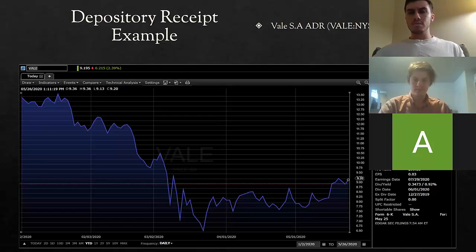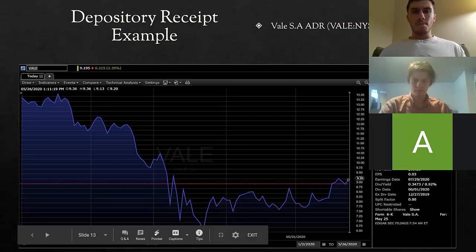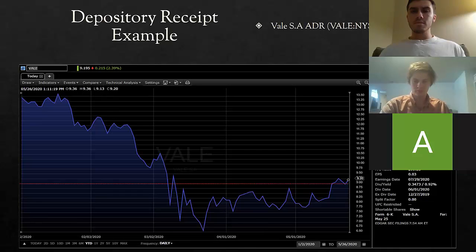They take those 10 million shares and push them onto a US marketplace like the New York Stock Exchange, NASDAQ, stuff like that. That's what they mean by American Depository Receipt. It's basically converting that international security to mimic a domestic security.